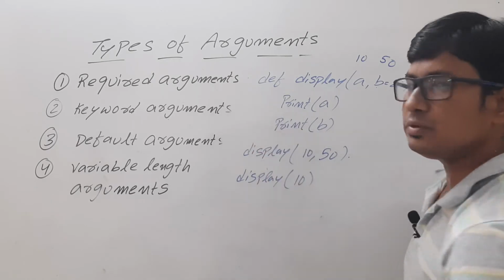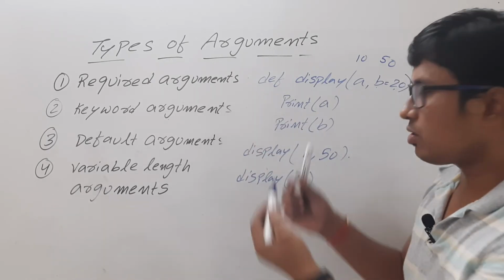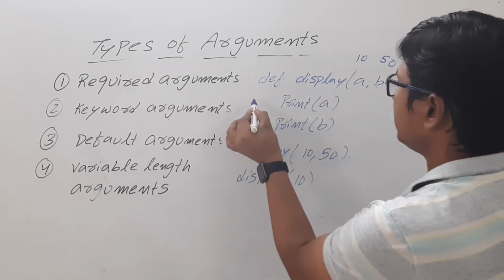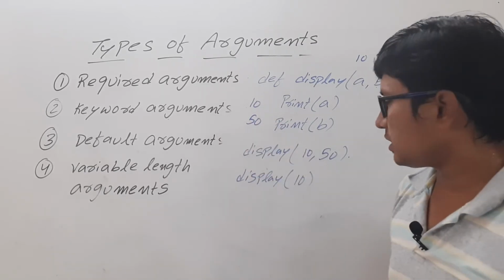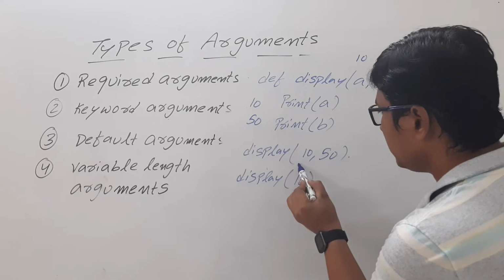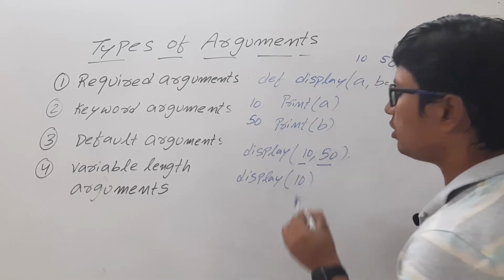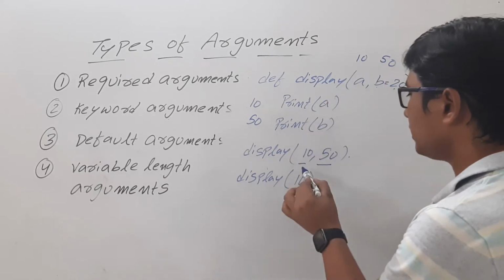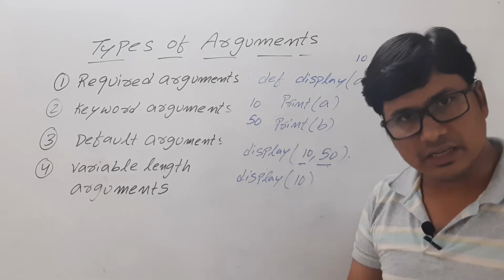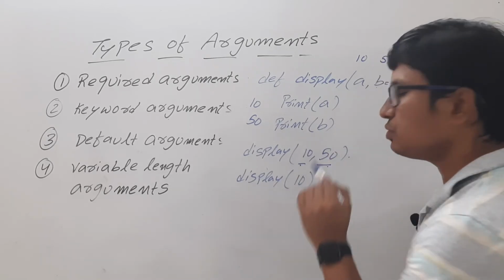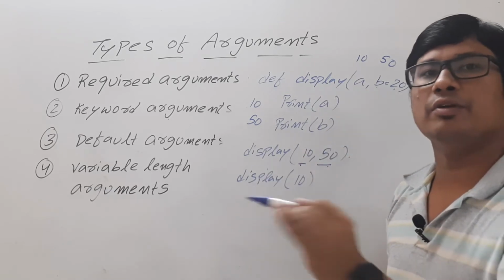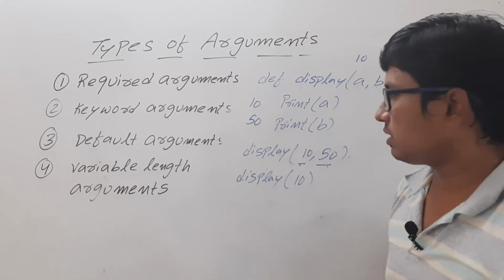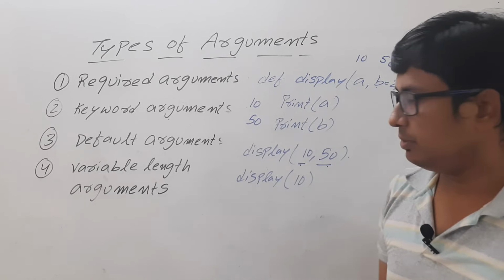So when the user executes this, we will get the output 10 and 50. Are you able to understand it or not? The meaning here is that if the number of arguments in the function calling and the function definition is the same, then whatever values the user is passing, those values will be stored in the formal parameters. Is it clear? And the corresponding action will be performed.